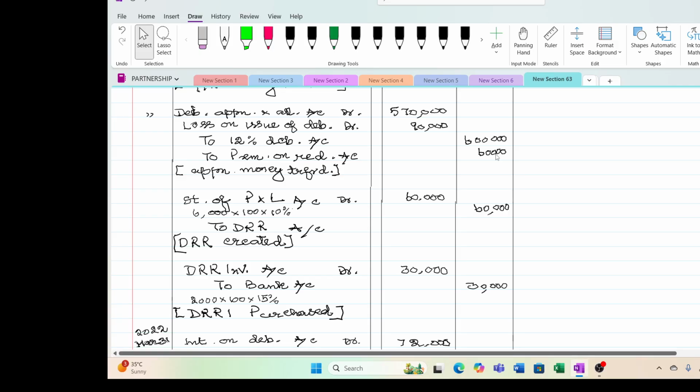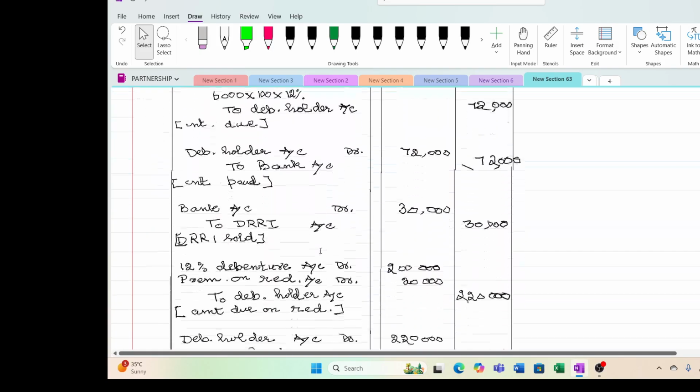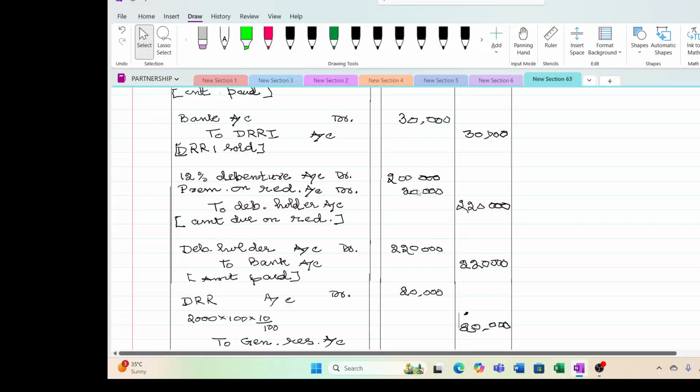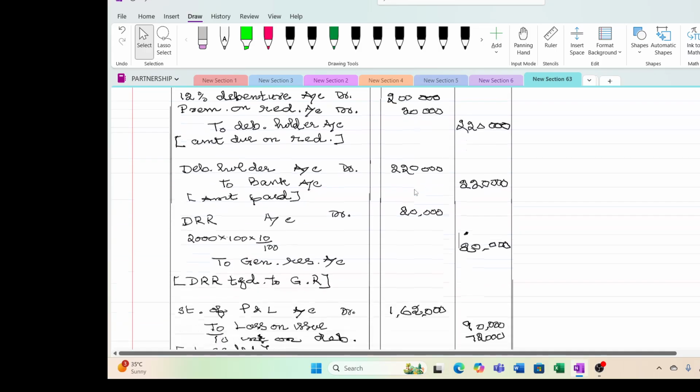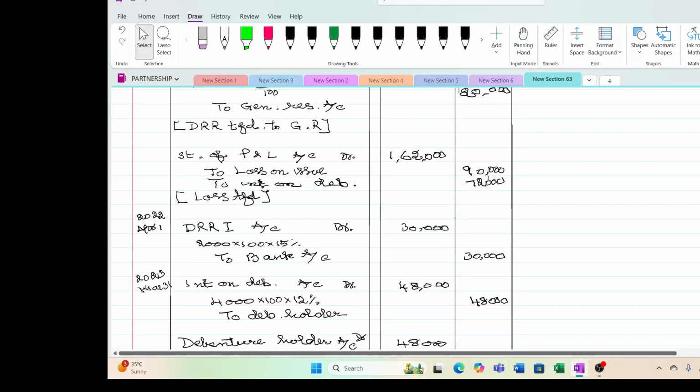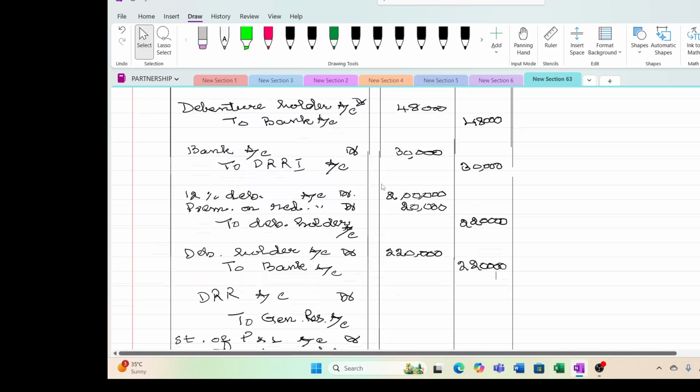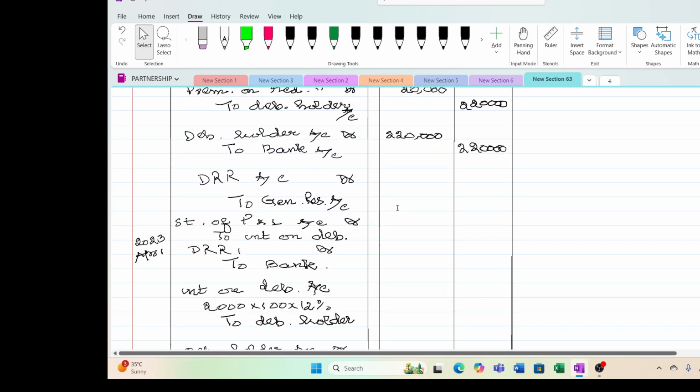This is your liability. So now in the year coming, every year we are debiting this liability only. Otherwise, the loss is totally transferred. Okay, that 60,000 has been transferred through statement of P&L account. So 20,000 in the first year. Second year, the liability has come down like this.